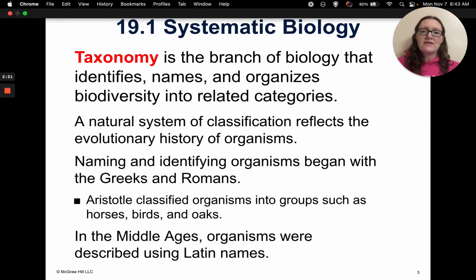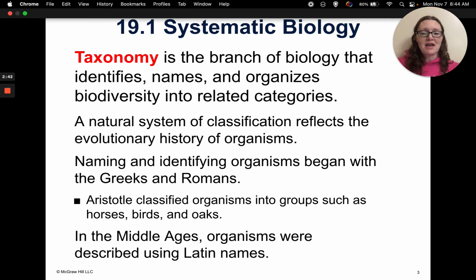Now, there are a lot of advantages to using a common universal classification, because what I call a bluebird here may not be the same thing as what somebody else calls a bluebird over in Great Britain or Australia.